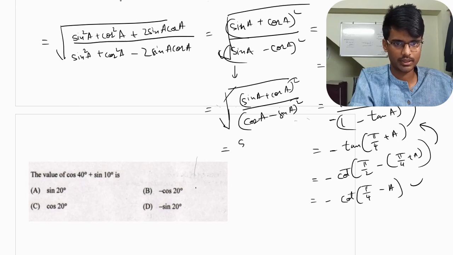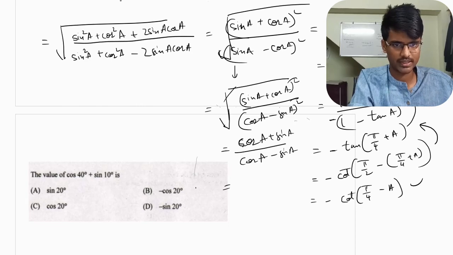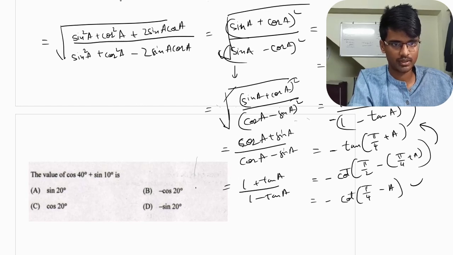It will be cos A plus sin A over cos A minus sin A. Dividing by cos A on both sides, I'll get 1 plus tan A over 1 minus tan A, and here I'll get tan of pi by 4 plus A actually.